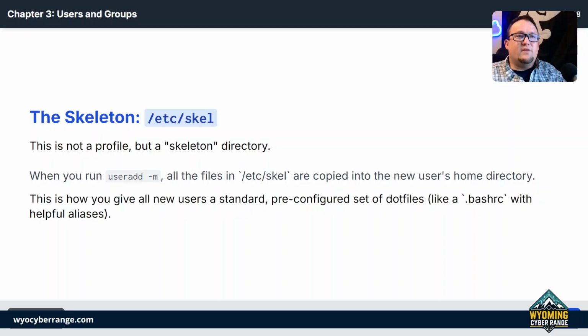So if for some reason you want every user to have a copy of a file, or you want to give them a base profile like a .bashrc file and allow them to modify it afterwards, you can put it into the skeleton. The skeleton directory allows you to set up pre-existing profiles for your users, but it is only a one-time use. Once the user is created, that skeleton is now done and it will never run again.